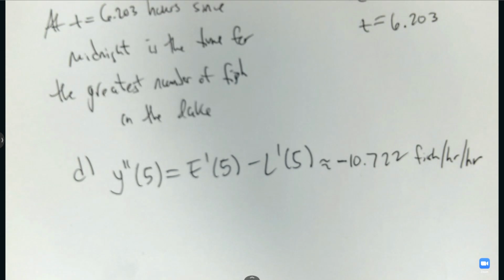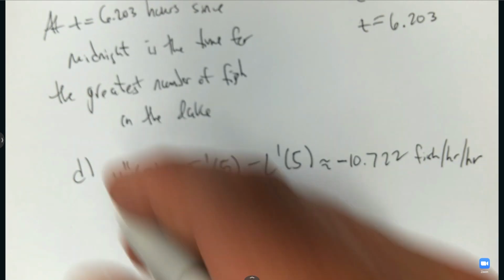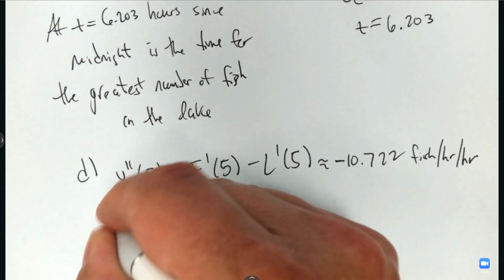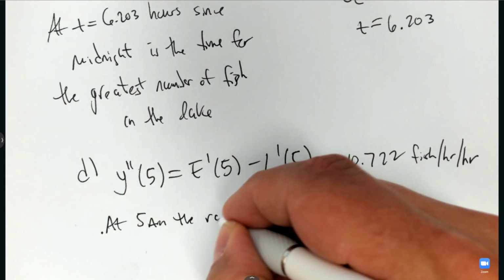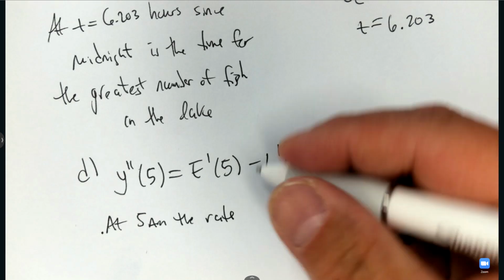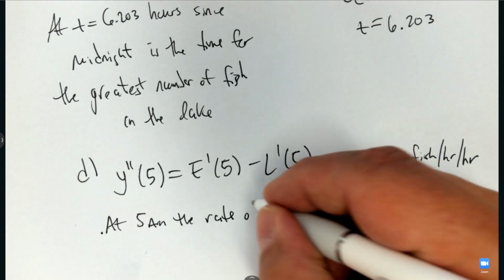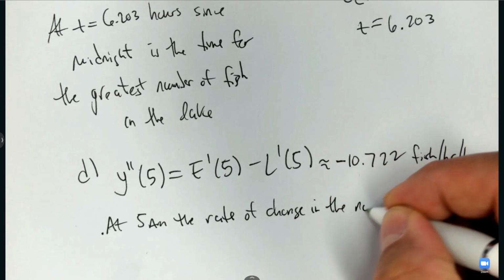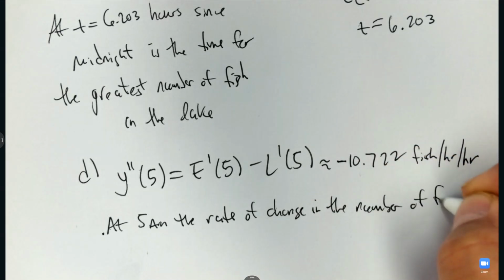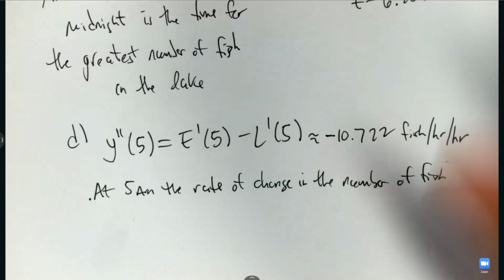And then, do we need to explain the meaning? It says, yeah, explain the reason of it. Is it increasing or decreasing? So, at what time? At 5 a.m., the rate of change in the number of fish is increasing or decreasing.